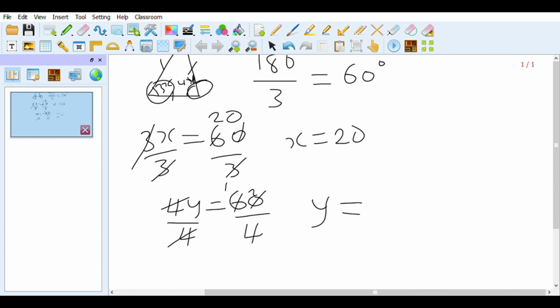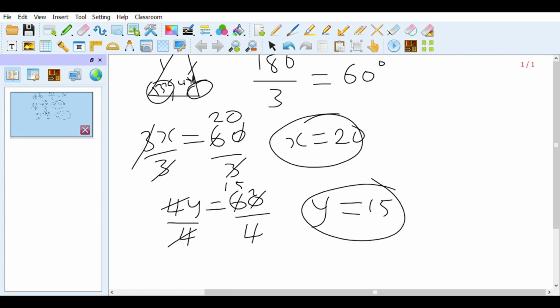If 20 is divided by 4, we have 5. So y is 15. So our x is 20, our y is 15. x plus y means 20 plus 15, which gives us 35.